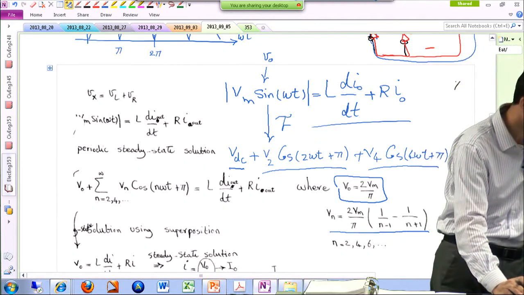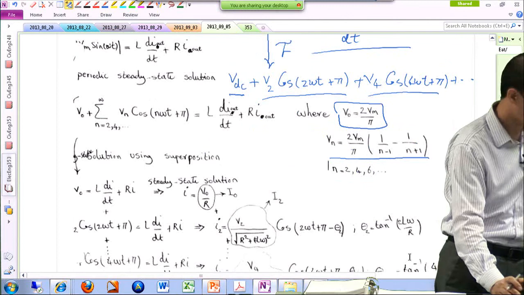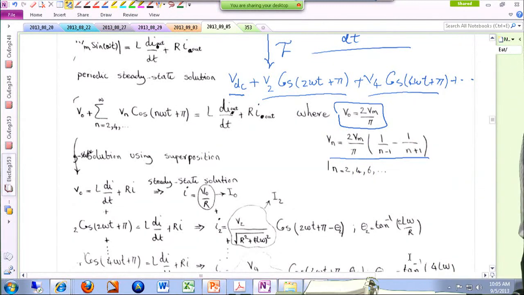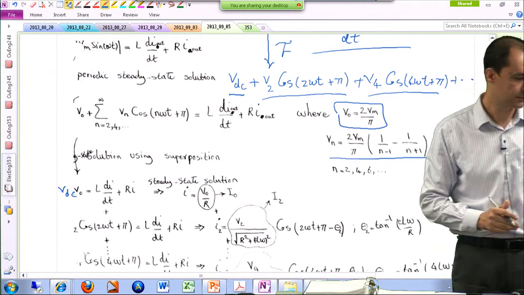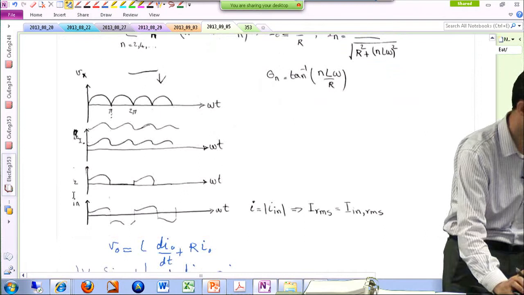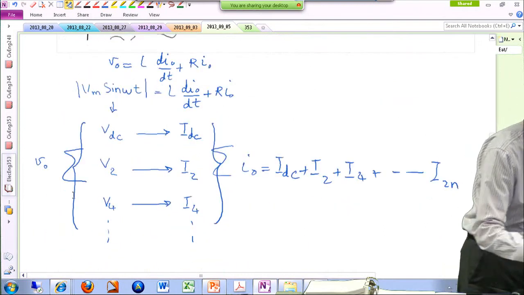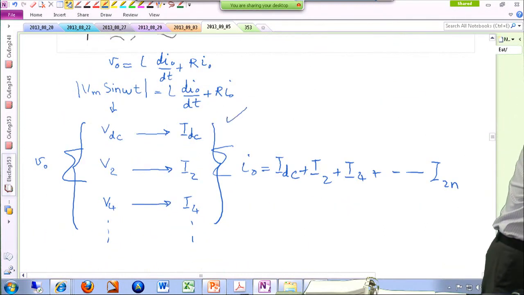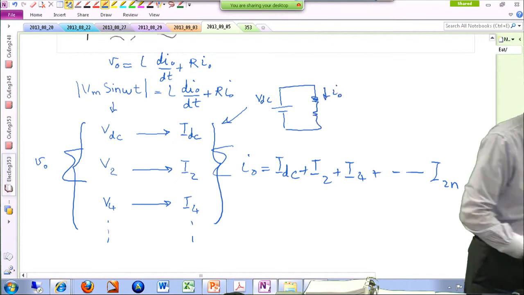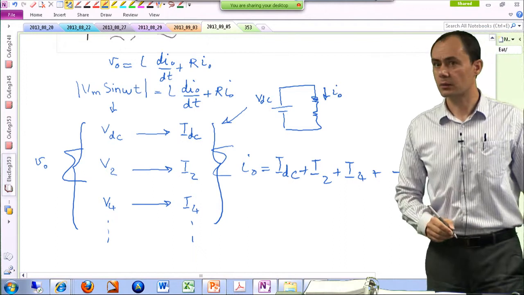Okay? So once I solve this equation with a VDC, and the steady state response would be, so technically let me draw it over here. For this part, I'm assuming that I have a DC signal here, and I'm looking at the steady state value of the output current.